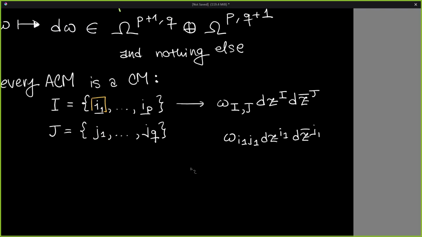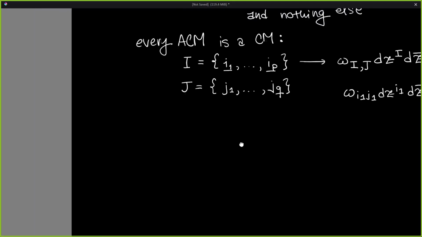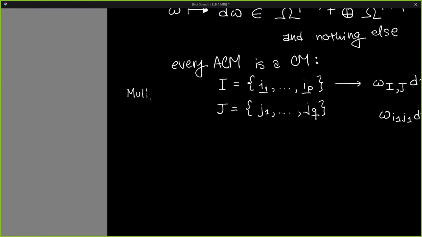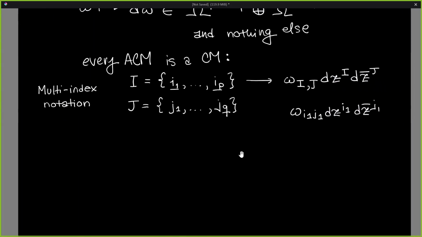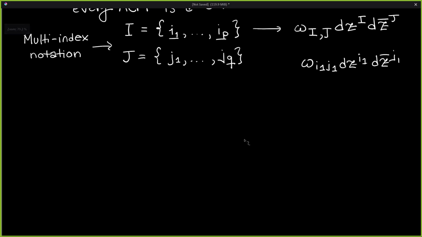That's how you read this notation. So that's multi-index notation. That's just a little refresher from tensor algebra. When you get very large tensors and you need many indices, it's customary to use multi-index notation, which is what we're doing. We have very large covariant tensors right now.